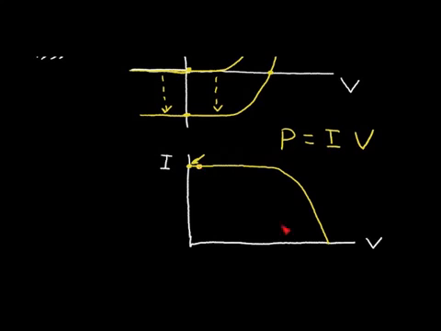At this point, we have no voltage across the solar cell. So we've, in effect, shorted out the solar cell, and we produce a large current. But since the voltage is 0 in this equation, we don't really get any power, so it doesn't do anything useful.